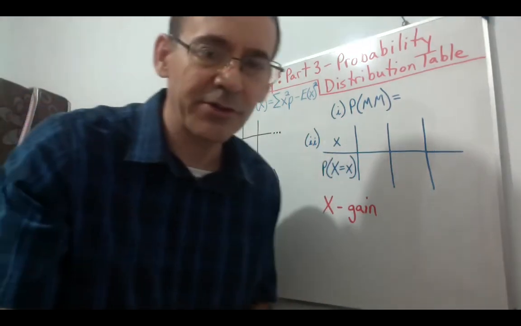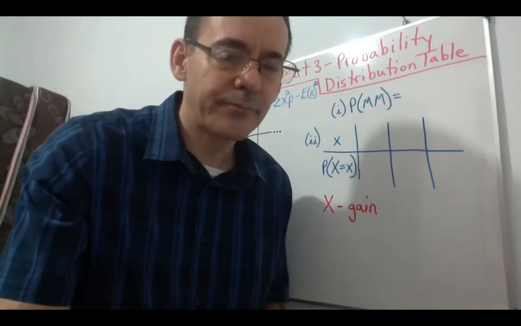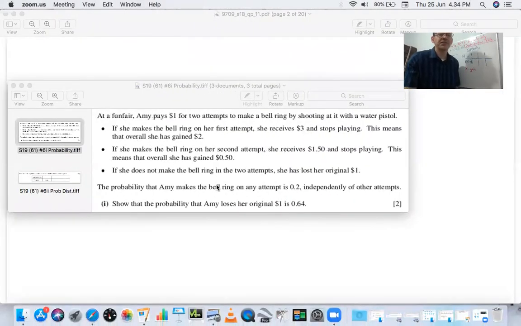So let's start with our first question. Let me share the screen here. And in our first question, it says, at a fun fair, Amy pays $1 for 2 attempts to make a bell ring by shooting at it with a water pistol.